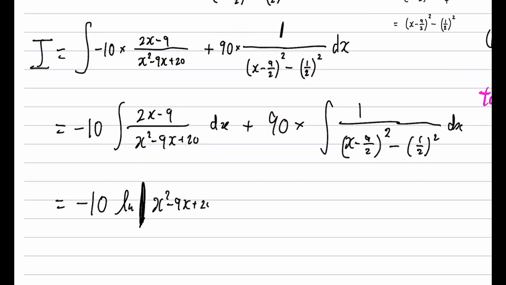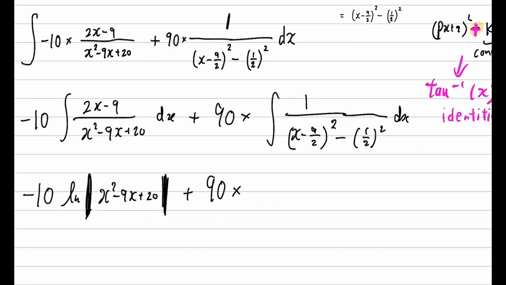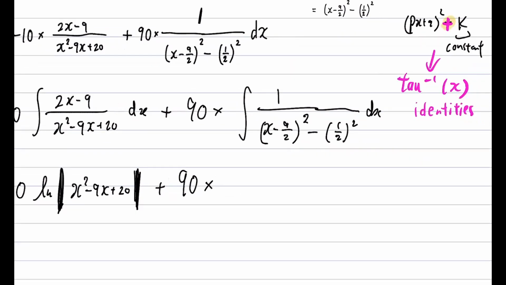plus 90 times of integrate this one. That's when you have to go back to your formula list, the 1 over x squared minus a squared. Yes, correct: x minus a over x plus a. Don't forget there's a 1 over 2a in front. Can you tell me what is my a?